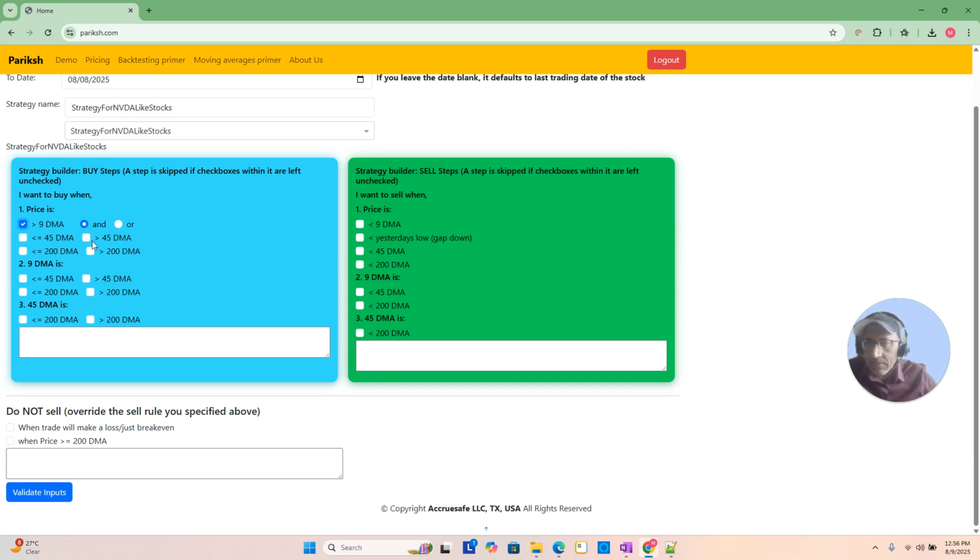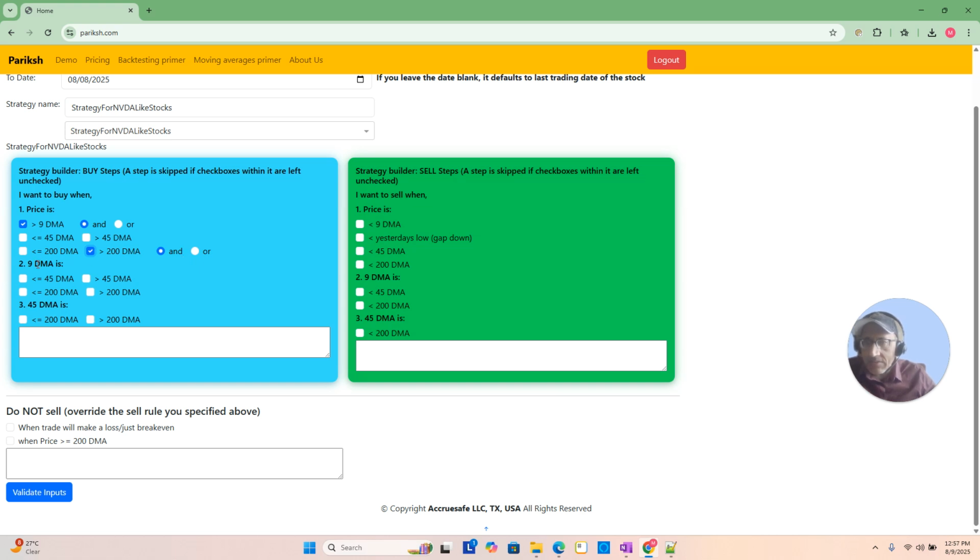And then price above 45 or above 200 or less than 45 or less than or equal to 200 DMA. I will say if the price is above 200-day moving average, which is the long-term trend. So if today's price is above the long-term average, then that's part of my buy criteria. I'm selecting AND for each of these because I want to combine those criteria.